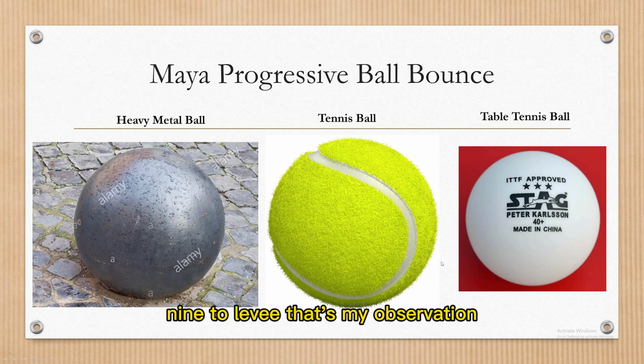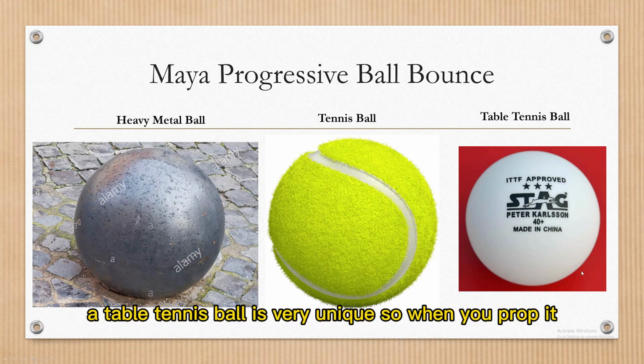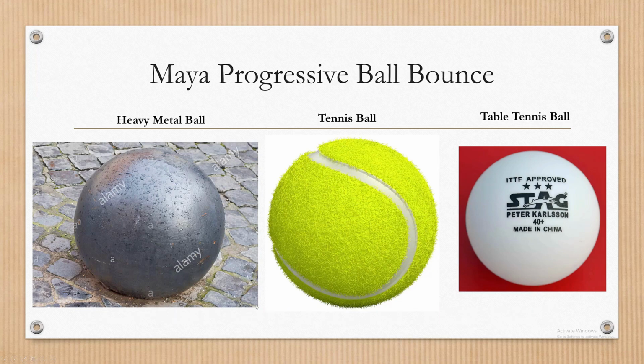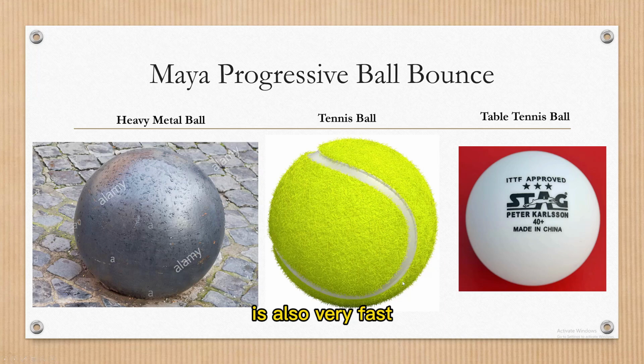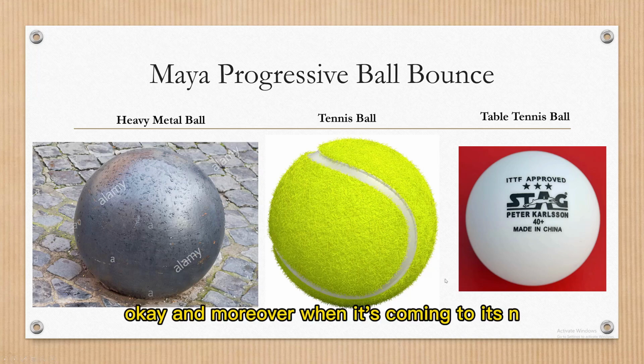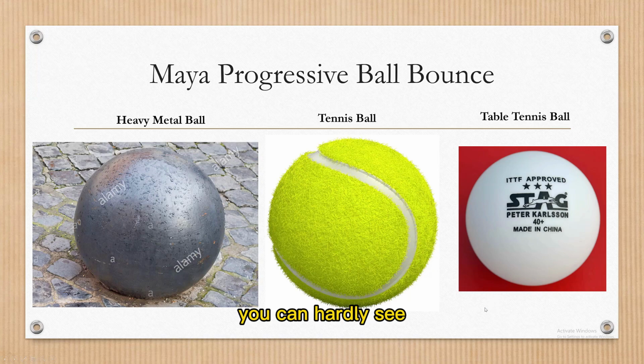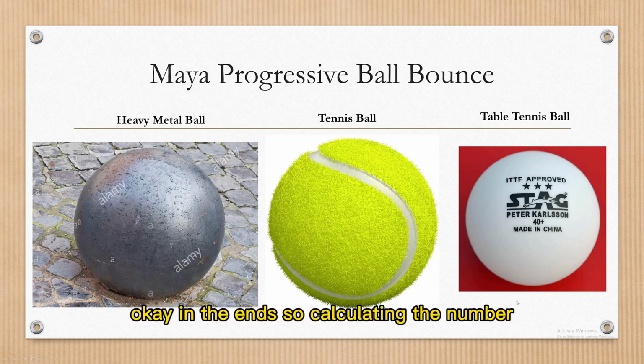That's my observation. And coming here, a table tennis ball is very unique. When you drop it, it bounces very high, and the energy with which it bounces is also very fast. Moreover, when it's coming to its end, you can hardly see the bounce happening here and there. It will be very fast in the end.